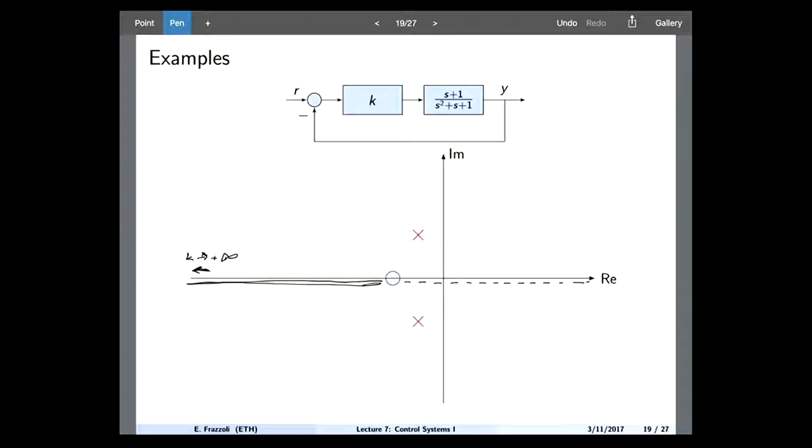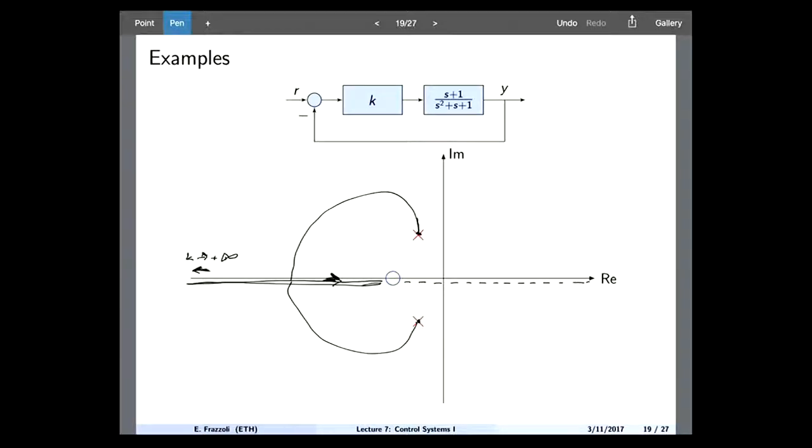In this case, as I increase my k from 0, starting at the open loop poles, I know that eventually the closed loop poles must make their way to the real axis. Everything must be symmetric up and down, okay? So what they will do is something like that, and then one of the poles will go to the zero, the other pole will go to the asymptote at 180 degrees.